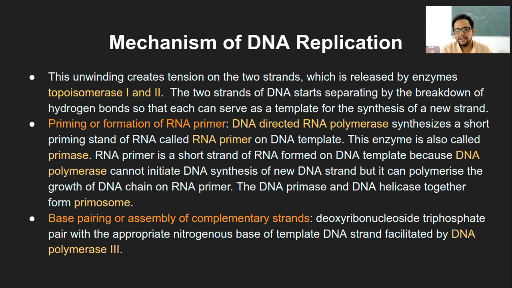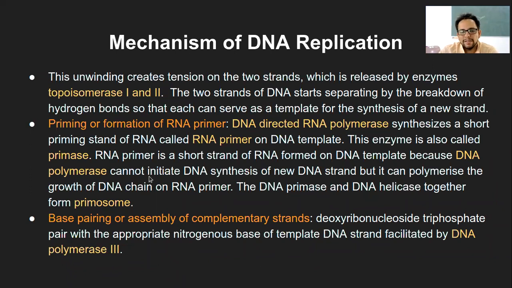So it will create a small primer at the origin of replication with the help of DNA directed RNA polymerase. Once that primer is created, DNA polymerase will come into the picture, and from there it will start synthesizing the further replication or duplication of the DNA molecule.